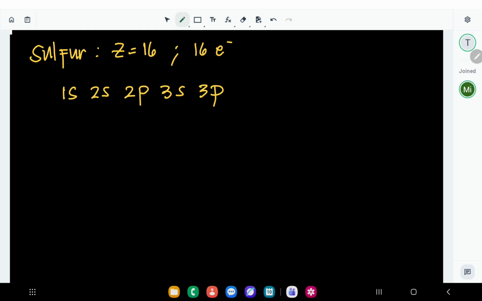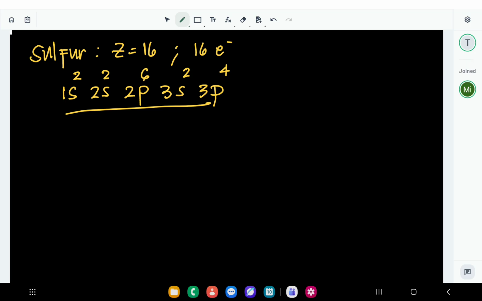Sulfur has 16 electrons, so 2, 4, and then plus 6, 10, 12, 16. So the 3p orbital has 4 electrons. So this is the longhand electron configuration of sulfur.